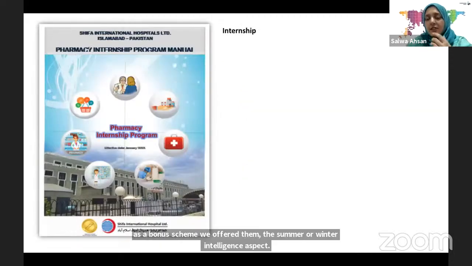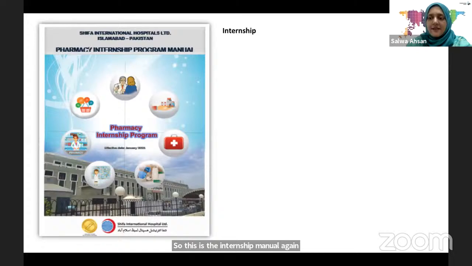So this is the internship manual. Again, it's a 6 weeks rotation, but this is again a structured program. We don't leave them wandering around in the hospital or the pharmacy premises just like that without any supervision. It's not the case. They have to go through a structured program. Next, please.